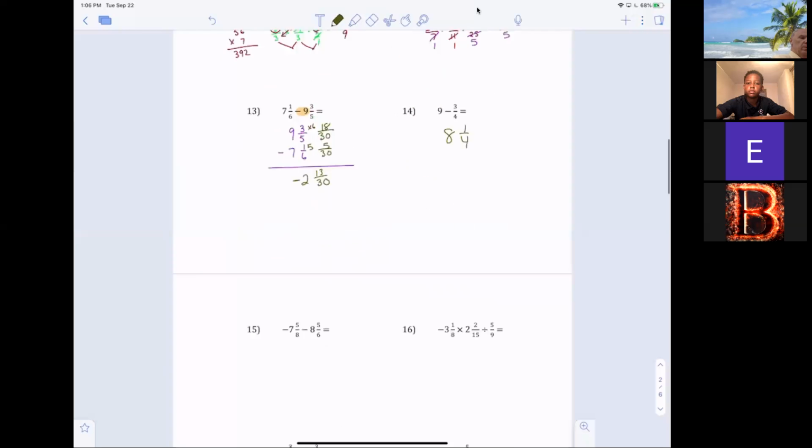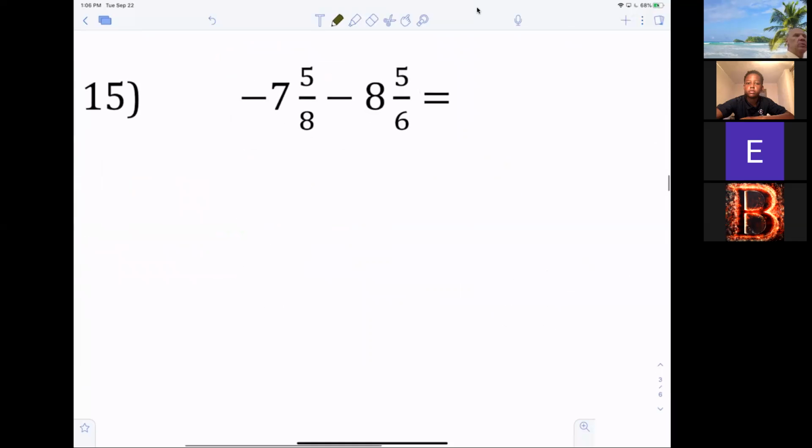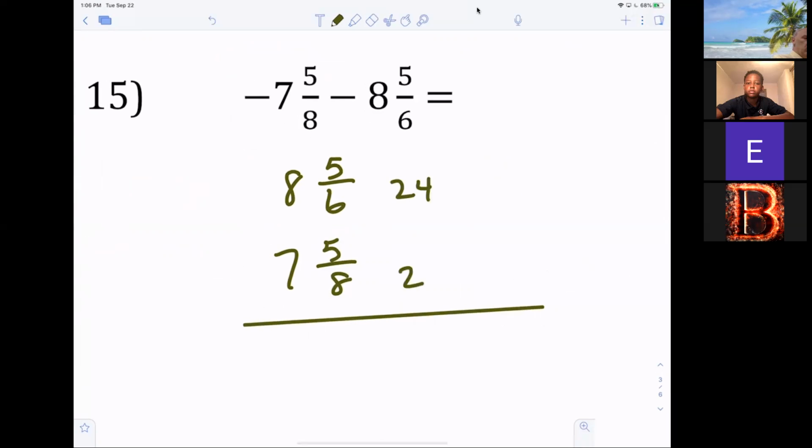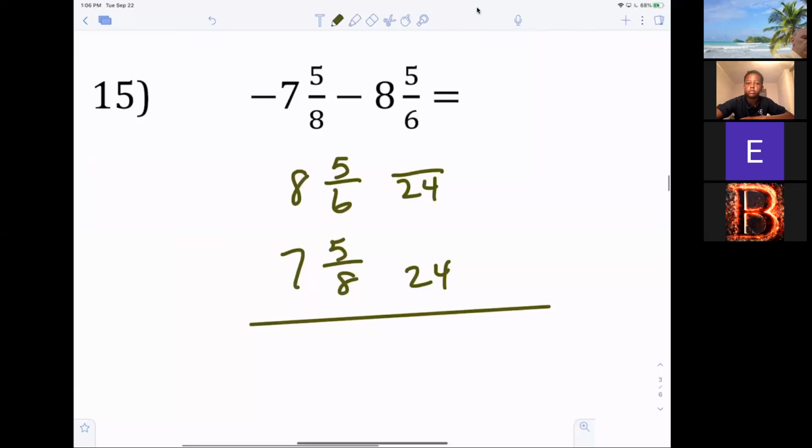Yeah, 15. Let's do it. Adding or subtracting? Adding. So here we go. Let's put it up. Are you going to put the 7 or the 8 first? It doesn't matter, but I like the 8 first. What's the common denominator? 24. So now multiply by.